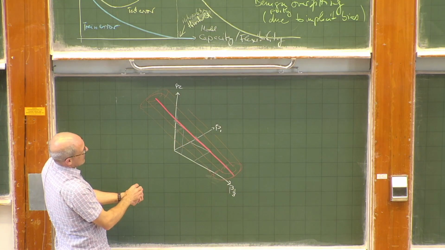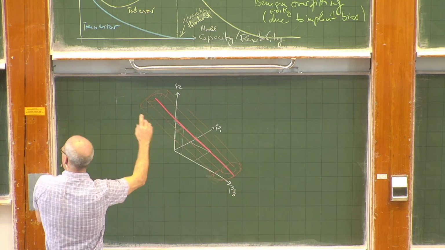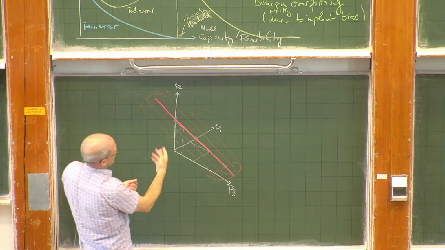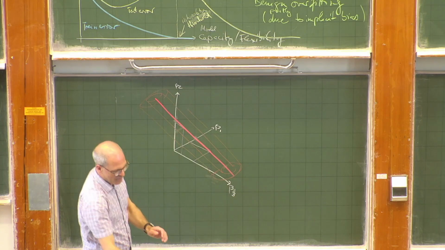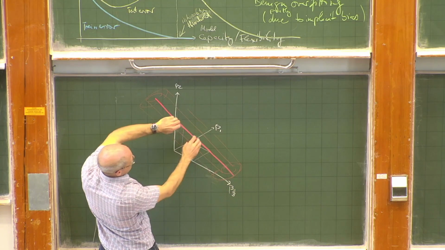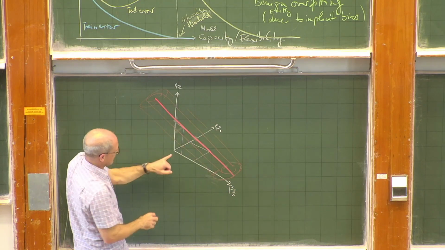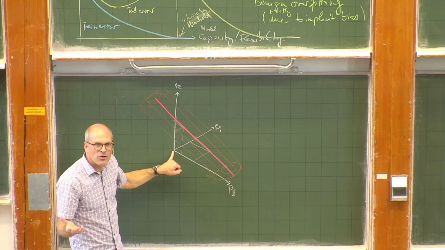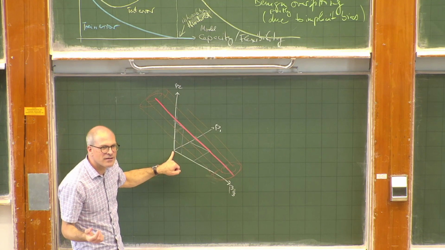And I tried to indicate, so we have a parabolic set of planes here and another parabolic set of planes. We add them up, and what I get is what I've called a parabolic cylinder. So my error is 0 along this red line. It grows quadratically as I go away from the line. And the question was, if I start gradient descent at the origin, where will I end up?